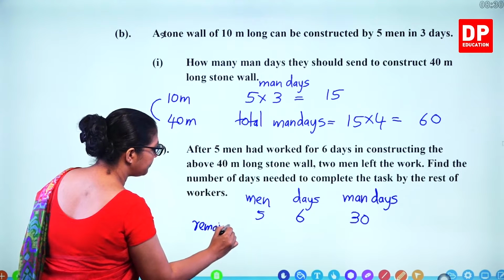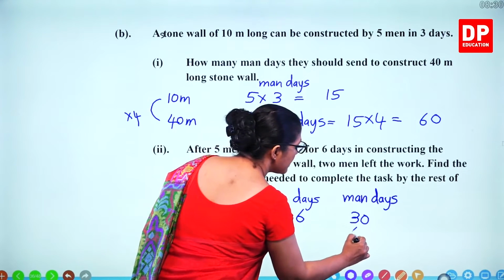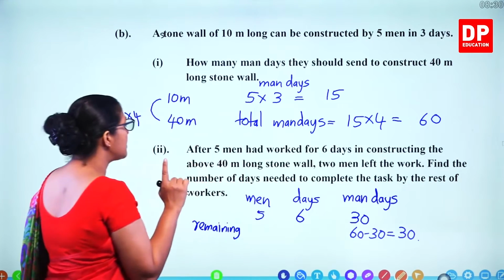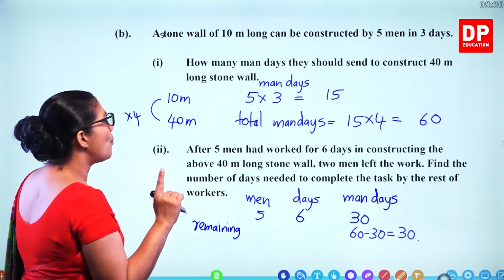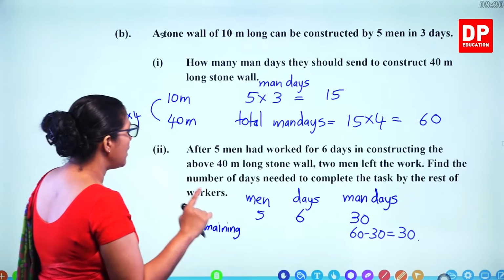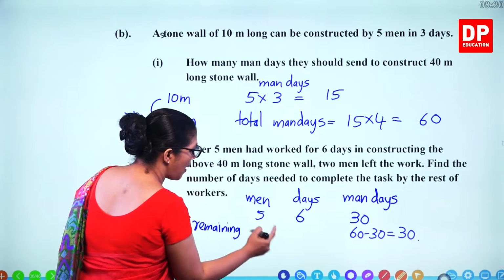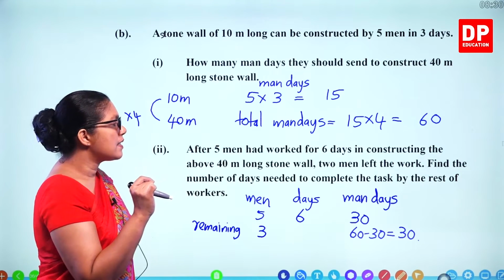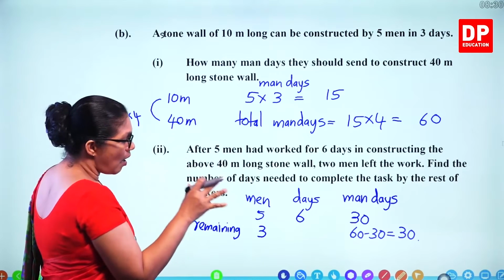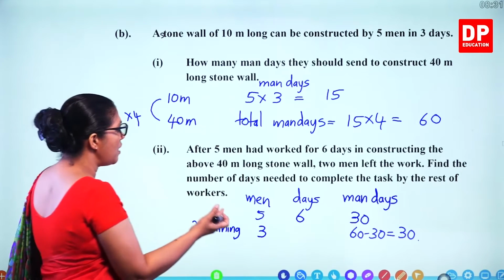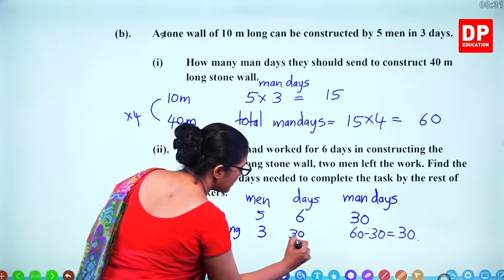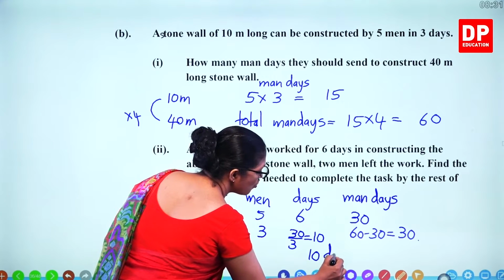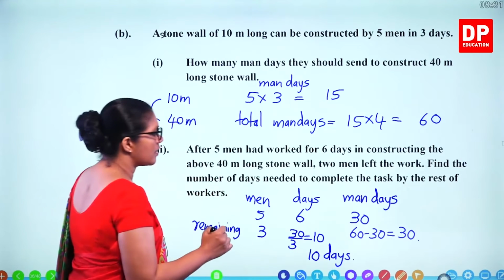Remaining man days, 60 minus 30, you get 30. Now it says 2 men left the work. So then how many men are there? 5 minus 2, 3. Find the number of days needed to complete the task by the rest of the workers. Now remaining man days 30. 3 men are there. So how many days? 30 divided by 3. They need 10 days to complete the work.